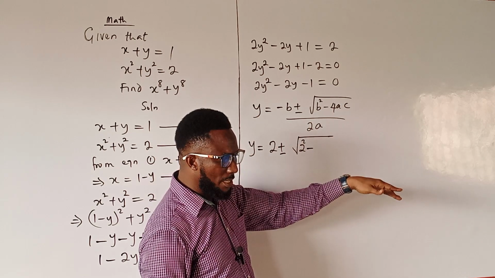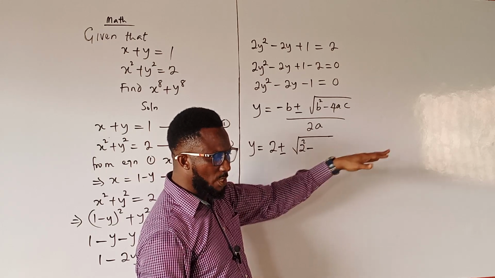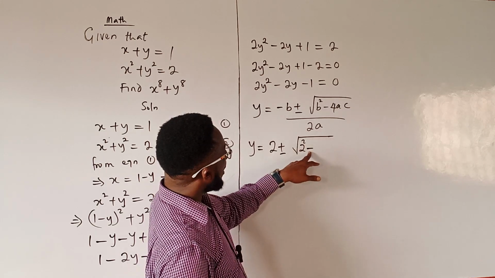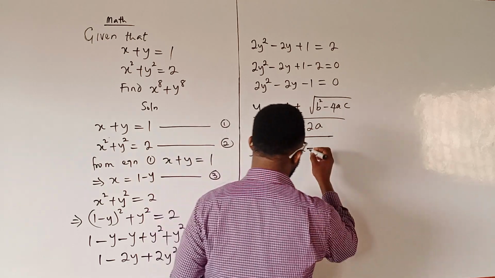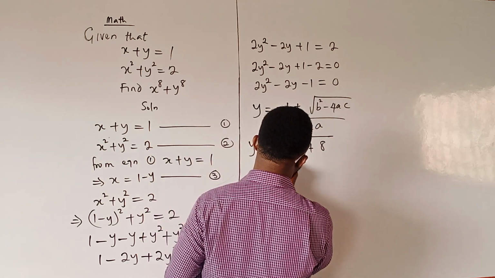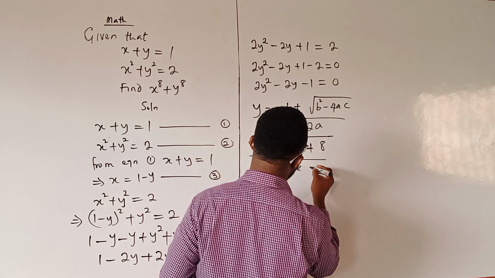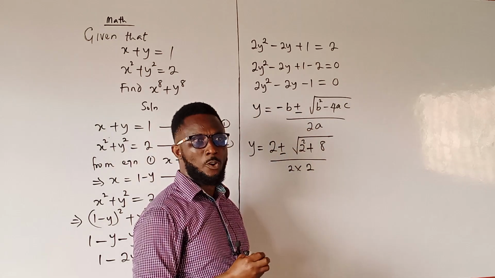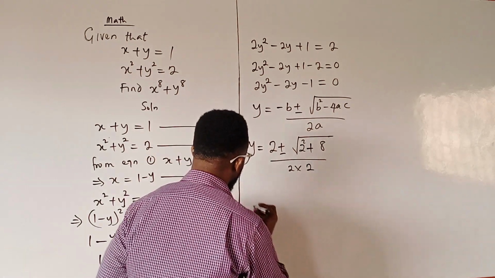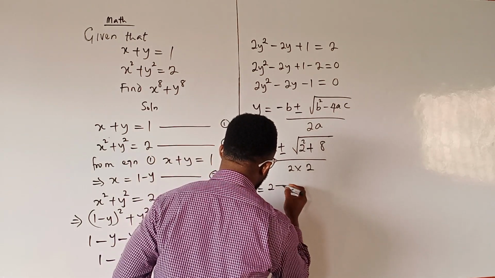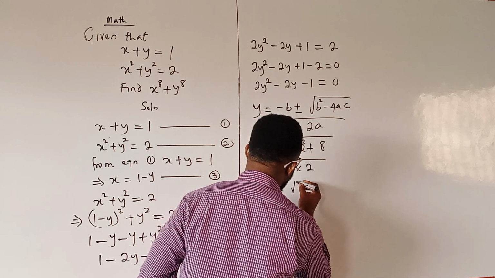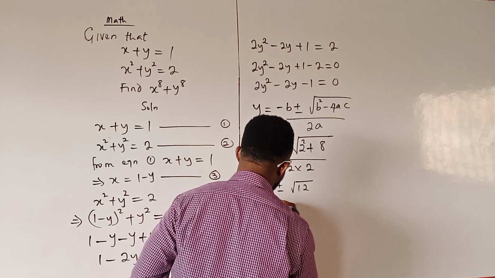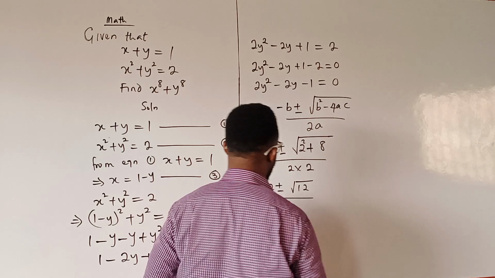Then 8 multiply -1 would be -8. And we have a negative sign there before, so I'll write +8, everything over 2 times 2. 2 squared is 4, 4 plus 8 is 12. I'll write y equal to 2 plus or minus the square root of 12 upon 4.